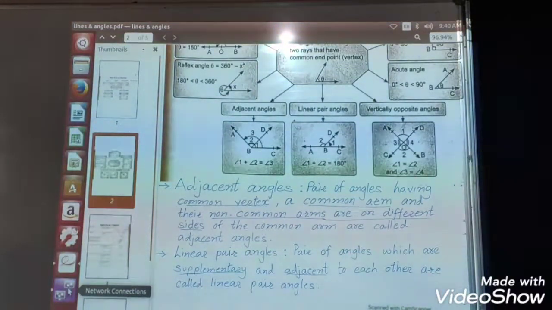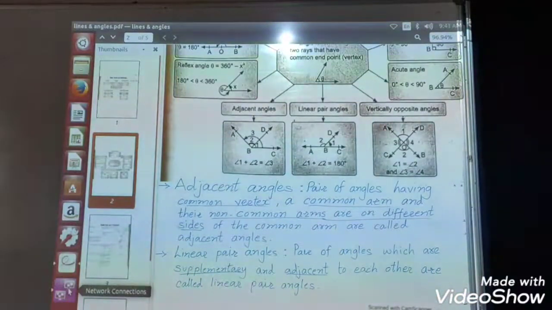And their non-common arms are on different sides of the common arm. You can see the non-common arm of angle ABD is ray BA and the non-common arm of angle DBC is BC. So, both the non-common arms are on different sides of the common arm BD. Such pair of angles are called adjacent angles.